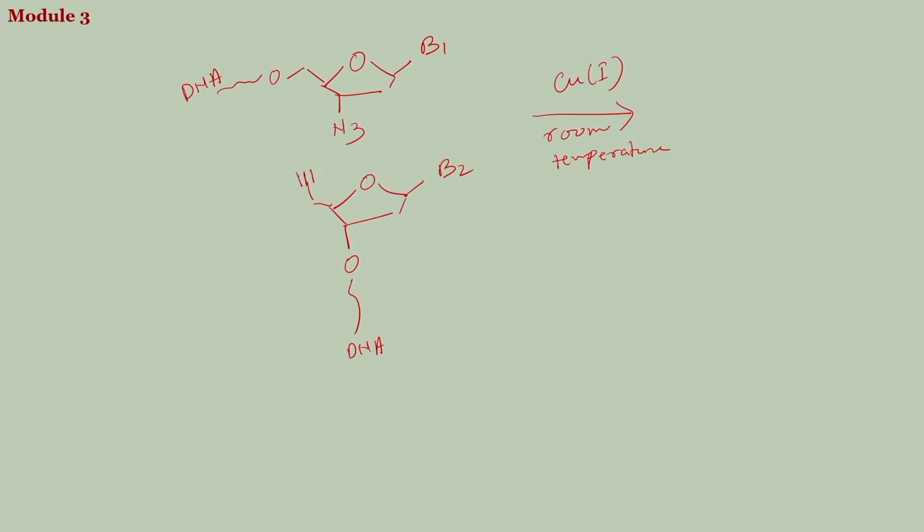Then what will be the product? Of course, the product is simple, as you have seen, just that this azide will couple with this alkyne and give you the 5-member ring. So, you will basically connect one DNA with the other DNA chemically.